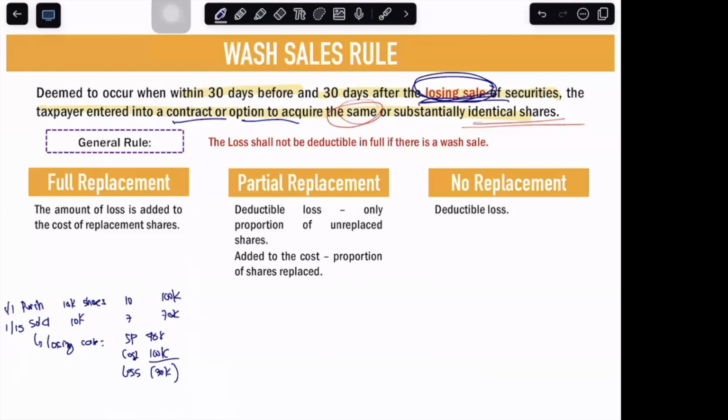If that is a losing sale, you need to look 30 days before and 30 days after. Okay? 30 days before, 30 days after. Sir, what is the rule on that loss? So you already know that there's a losing sale, right? The loss shall not be deductible in full if there is a wash sale. So you need to look if there is a wash sale.